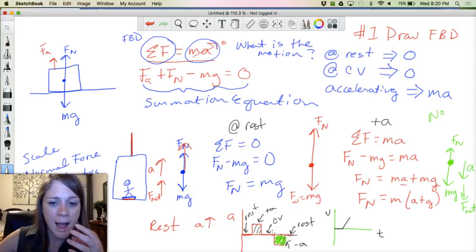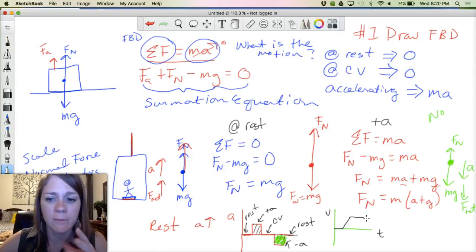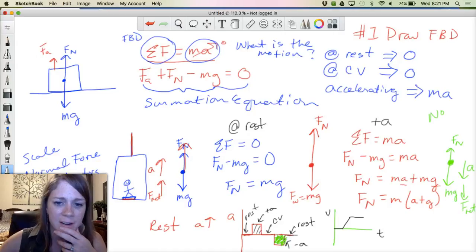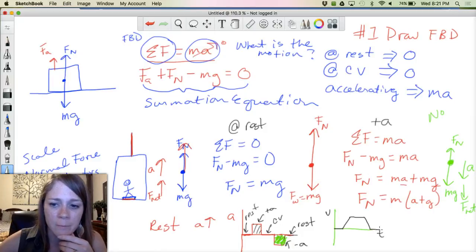Here I am at a constant velocity, therefore velocity is staying the same. So I am moving, and I'm still moving upwards, just with a constant velocity. And then down here, I slow down, I have that negative acceleration, and so that velocity decreases back down to 0.